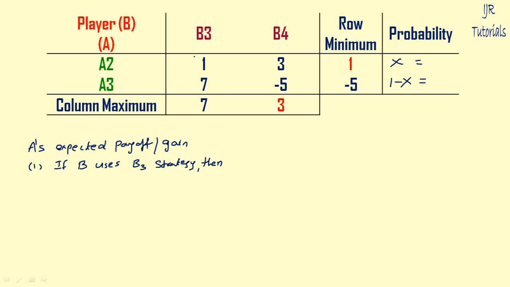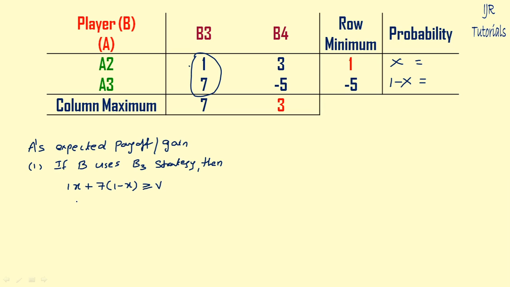In this case, under B3 the payoffs are 1 and 7. We multiply these by x and 1 minus x: 1 into x plus 7 into 1 minus x greater than or equal to v, where v stands for the value of the game.